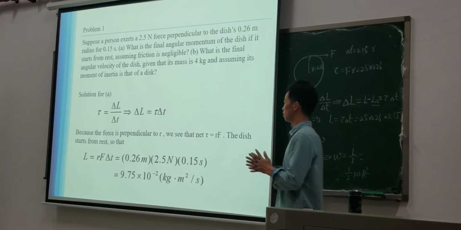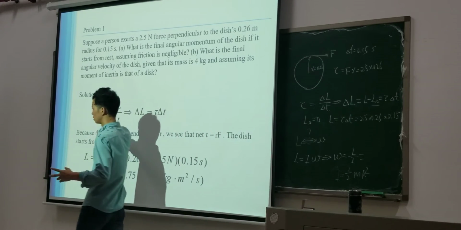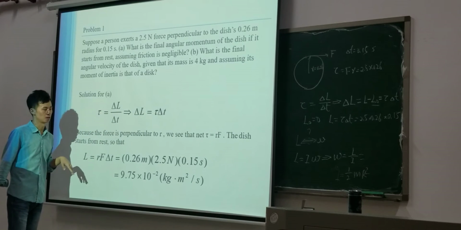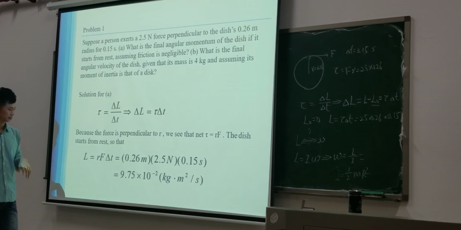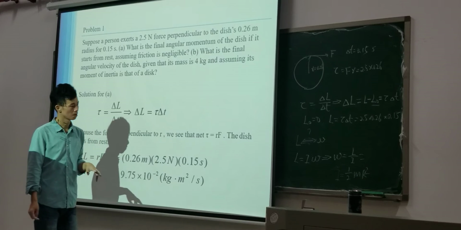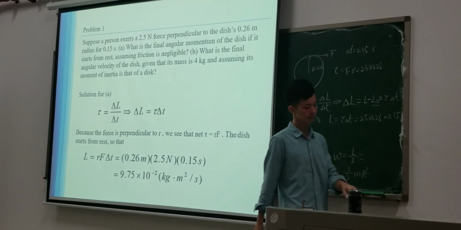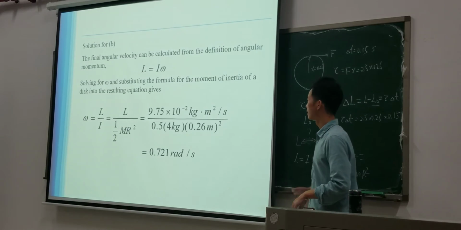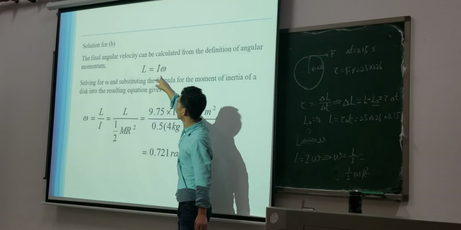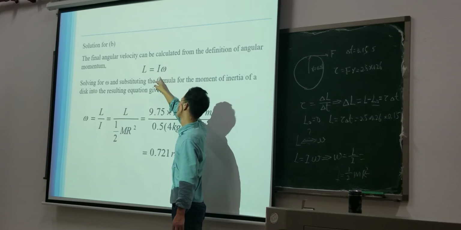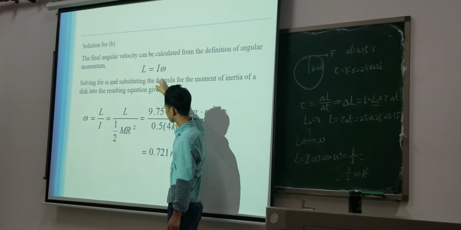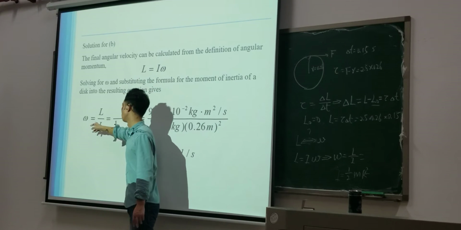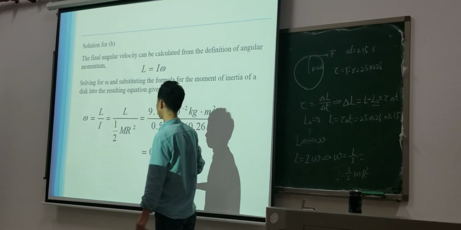We must remember the torque is equal to the change rate of the angular momentum, and the angular momentum is equal to I times omega. So if we have found L, then omega is equal to L over I.